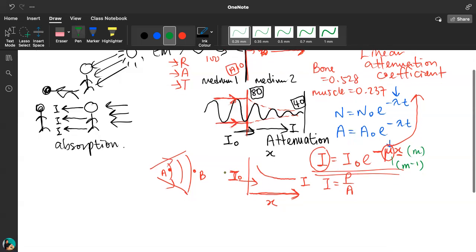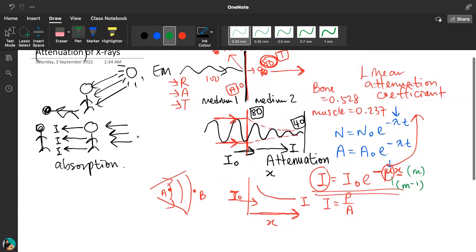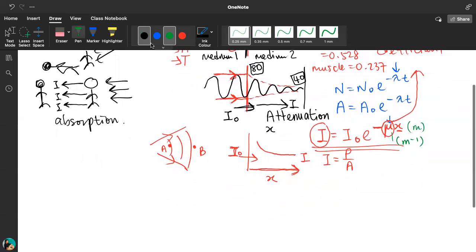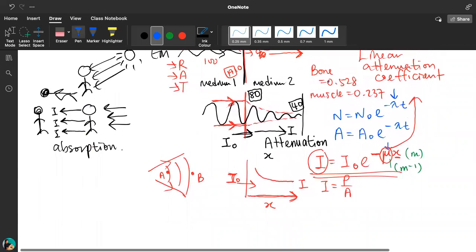Okay, so using this, here's how the X-ray image is produced. The X-ray comes in, and different parts of the body, the bone, the muscle, have different linear attenuation coefficients. So when the X-ray goes through your body, different damping occurs, right? Because of the different coefficients, coming out from your back, the intensity is different already.